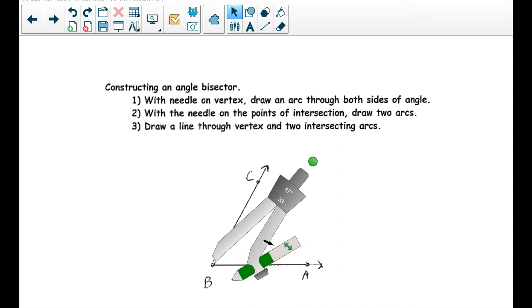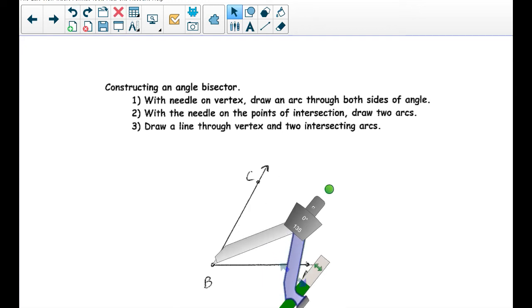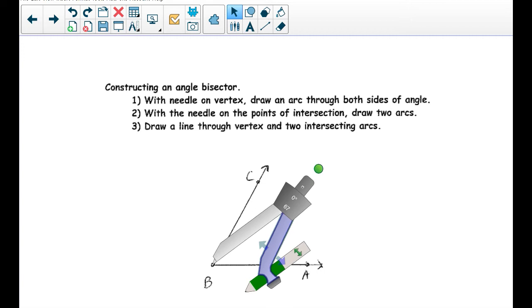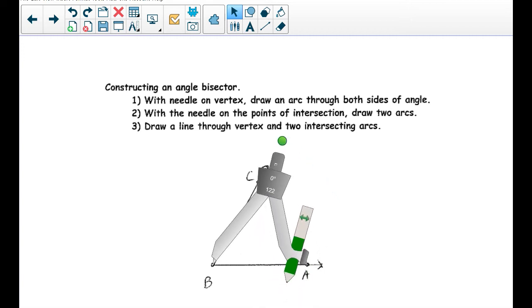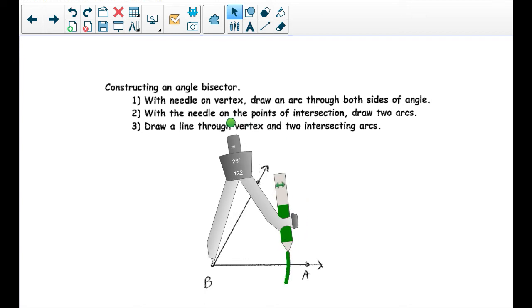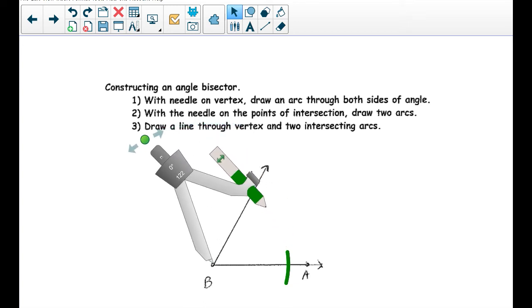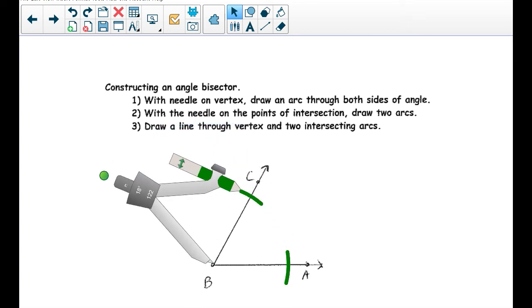And again, this distance here, I can make it whatever I want as long as it's going to intersect both sides. So needle on the vertex, draw an arc through both sides. So arc here, and again, if you don't want to, you don't have to draw the whole thing. Arc here. So now I have two arcs equidistant from the vertex.